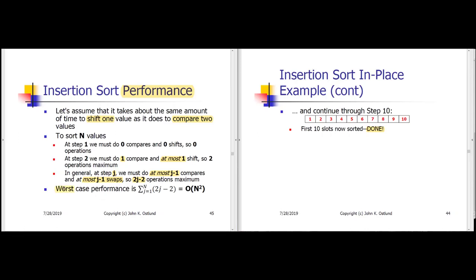Consequently, our worst case performance is going to be the sum of j going from 1 to n of 2j minus 2 operations. Now here we can pull out the factor of 2, and then we're computing the sum j going from 1 to n of j minus 1, and just a little bit of algebra will convince you that that is also an order n squared sorting algorithm.